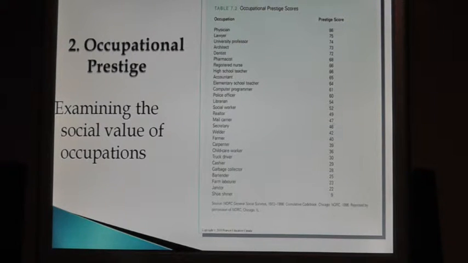It is table 7.2 in the text, chapter 7. It has a list, and it gives a prestige score based on the occupation. So at the top of the list we have a physician, and the prestige they have in society gives a calculated score of 86, a high score, a lot of prestige.